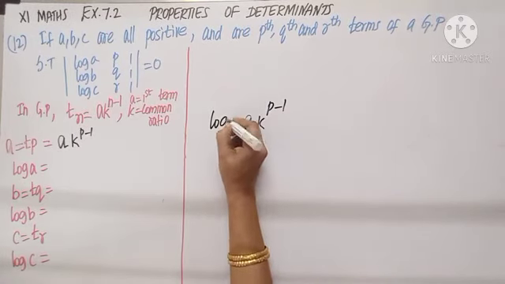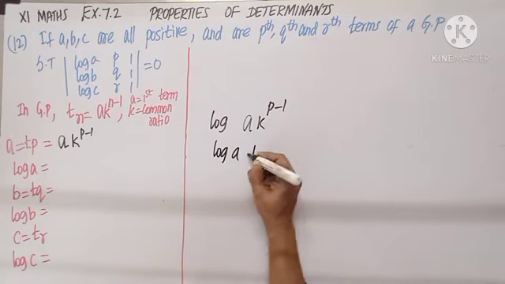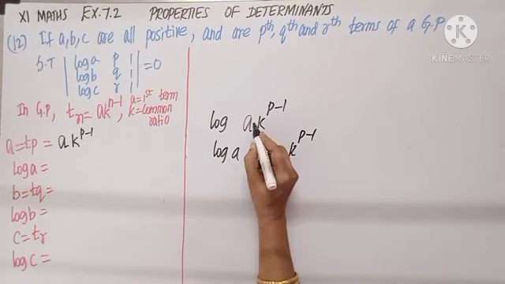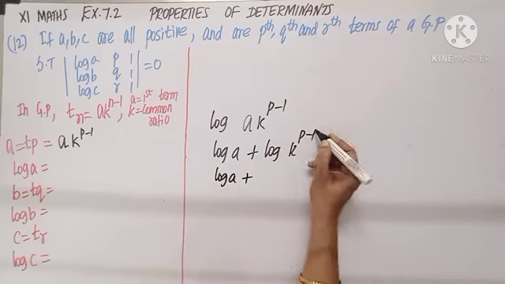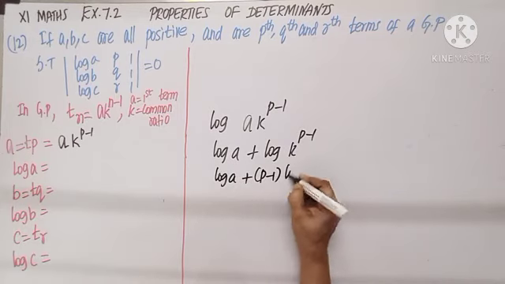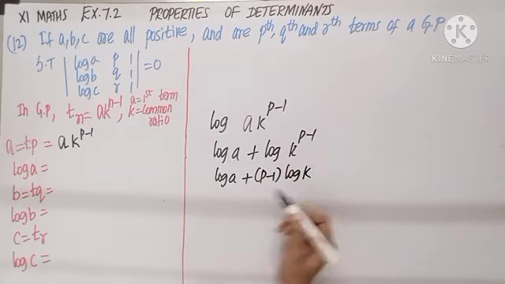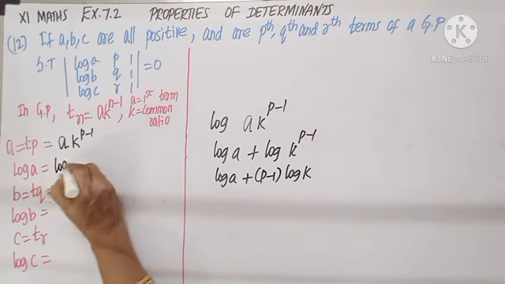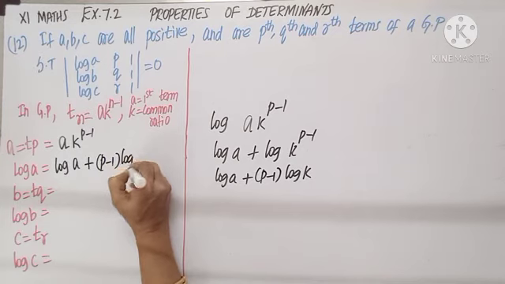When I take log, it is log a plus log k power p minus 1 because multiplication tells addition. Then power comes near. So p minus 1 log k. Let us use this here. So what is log A? It is log A plus p minus 1 log k.